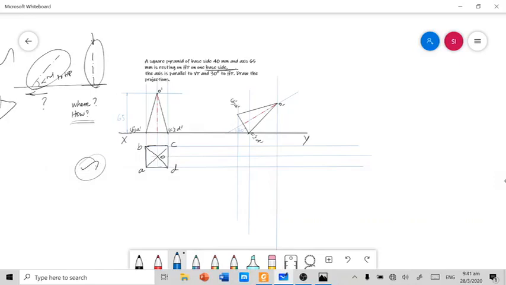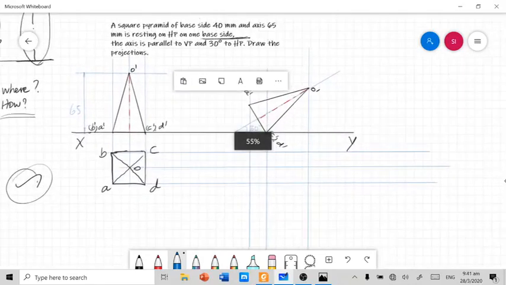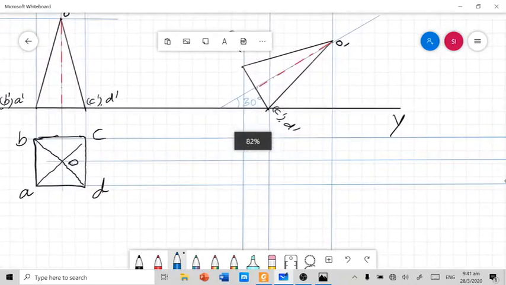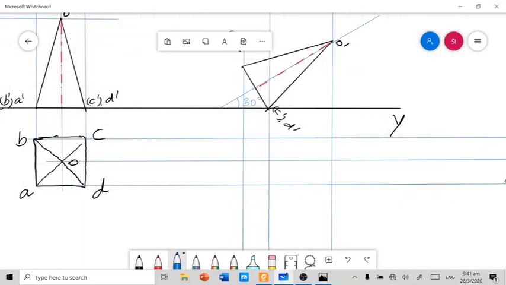Yes. And now you have to identify the cut points for each and every corner of the solid, starting from A dash. I can mark it here as A dash.